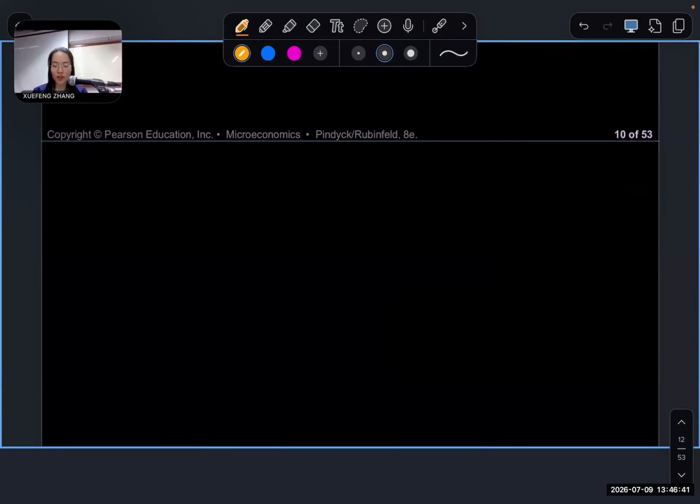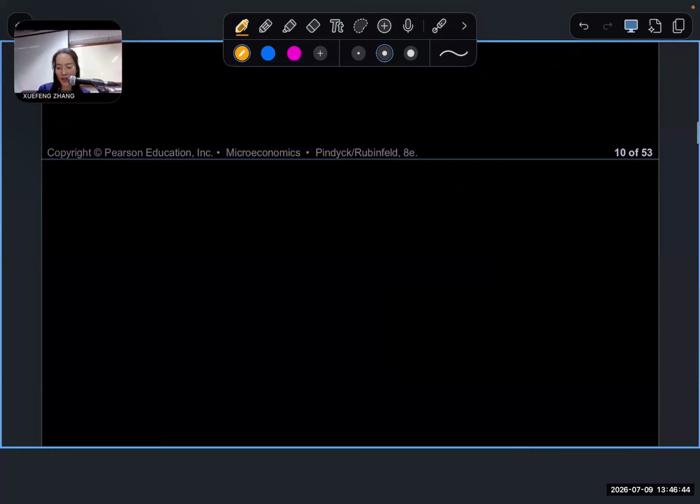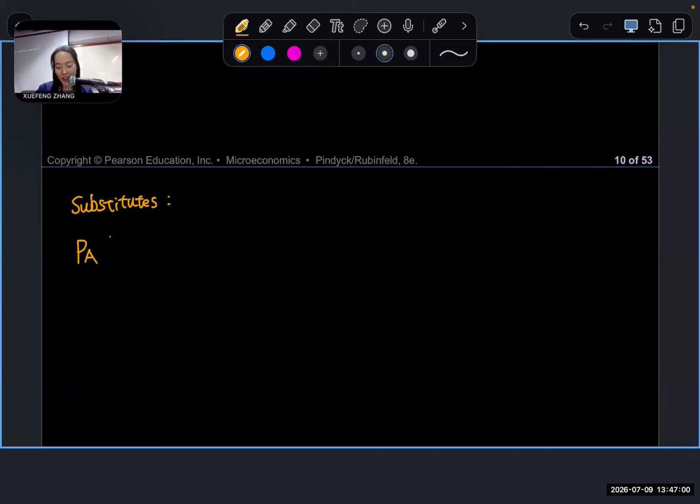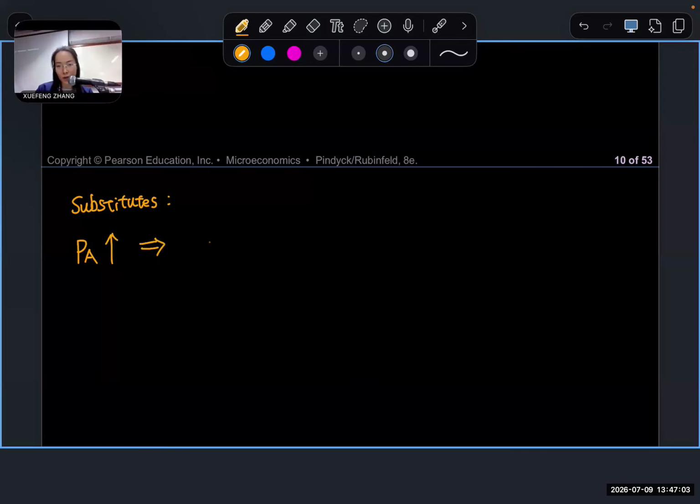Let me show you the logic chain step by step. Okay, so we have substitutes, which means goods that compete for the same need. If the price of A increases, A becomes relatively expensive, because the price of A increased.